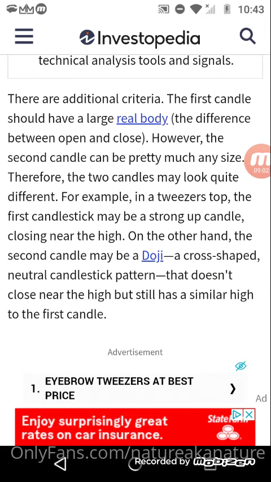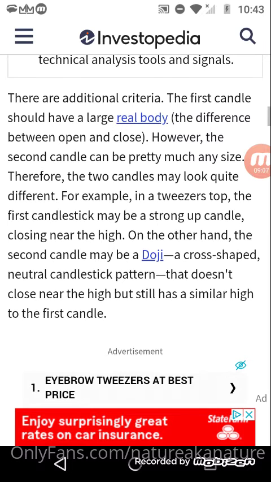So these candlesticks, when you see a large candlestick, I have to pay attention to them. These candlesticks are for the day, for a tweezer top pattern, and the overall trend might have been going up.